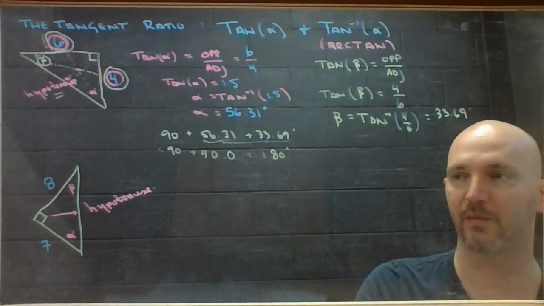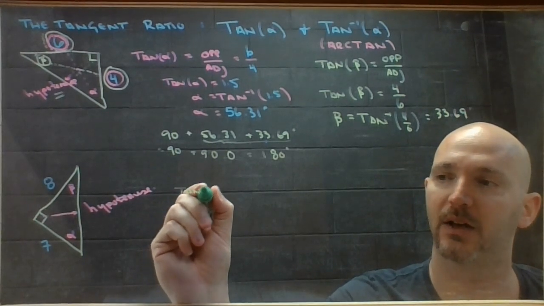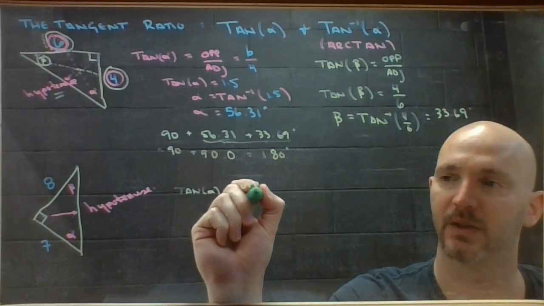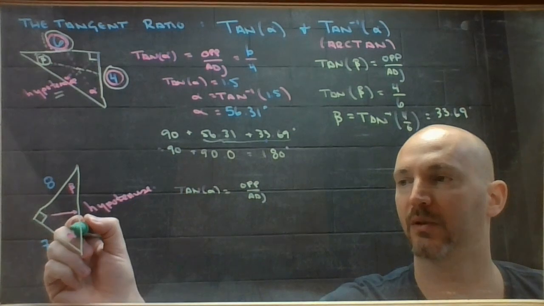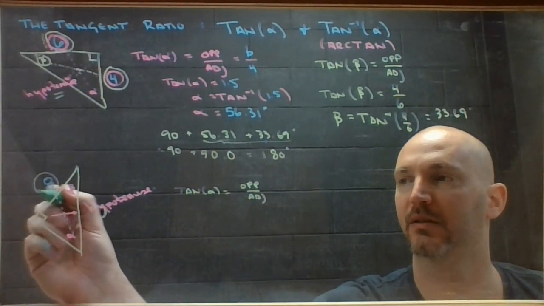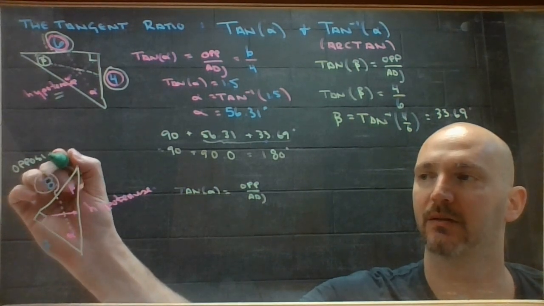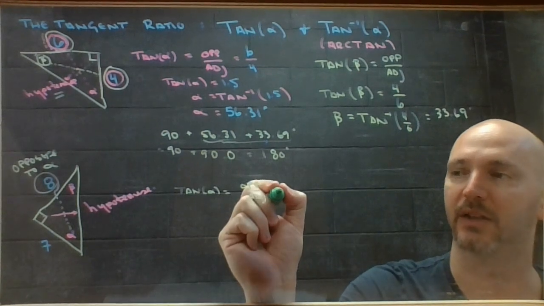So if I go to solve for alpha first, tan alpha should be the opposite over the adjacent. So I'm going to go to alpha, look across the triangle. There's my opposite side. That's opposite to alpha. So in it goes, 8.